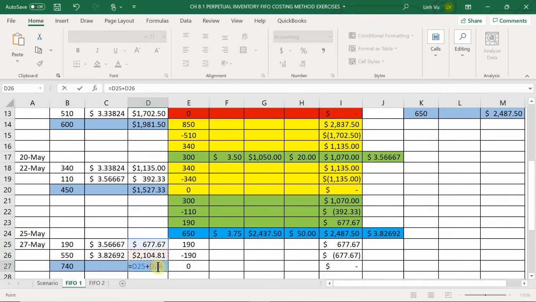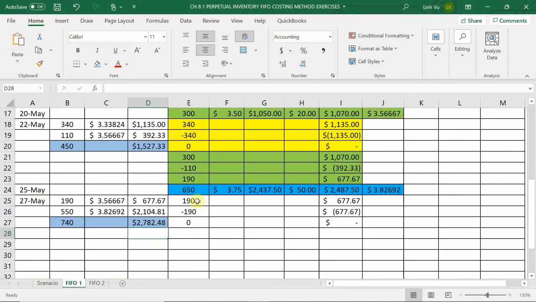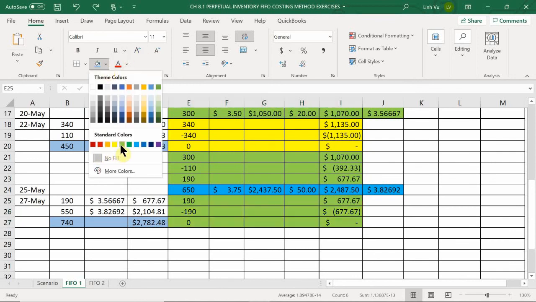Good. All right, giving me a grand total of $2,782.48 for selling a total of 740 units, excuse me. So this one is from the green batch.